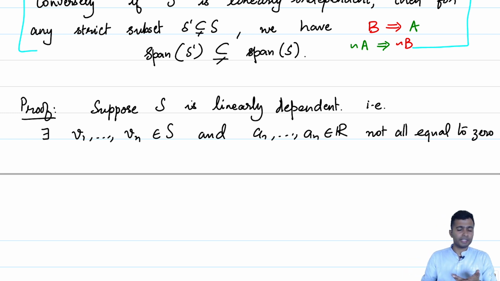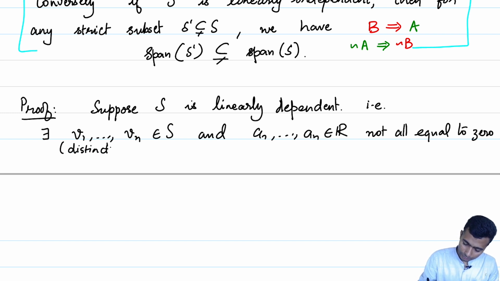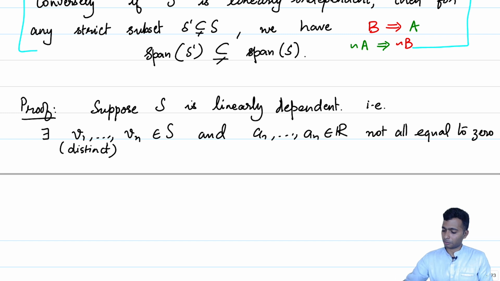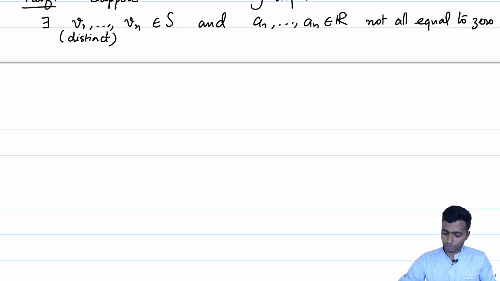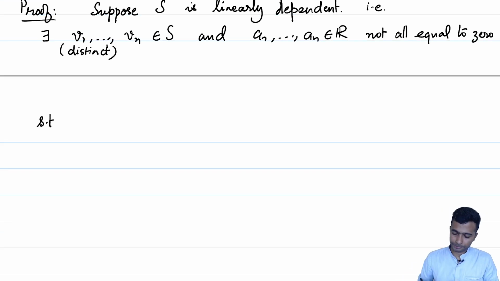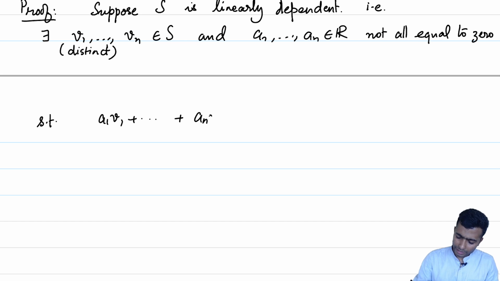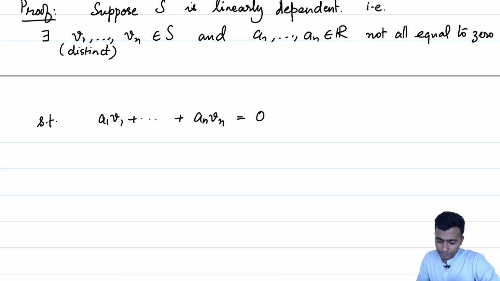Let us assume that the vi's are distinct, which can certainly be assumed without loss of generality, such that a1 v1 plus up to an vn is the 0 vector. That is the definition of S being linearly dependent.